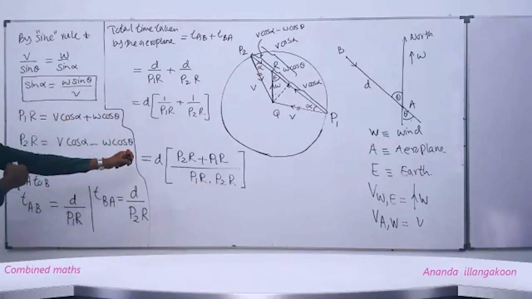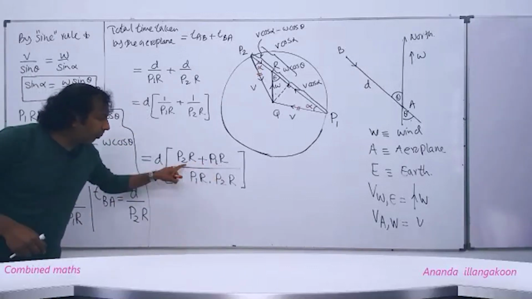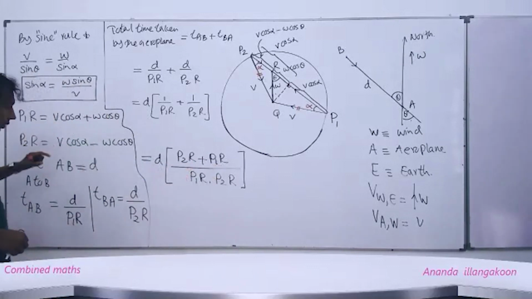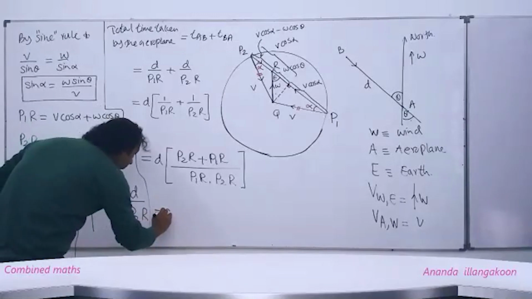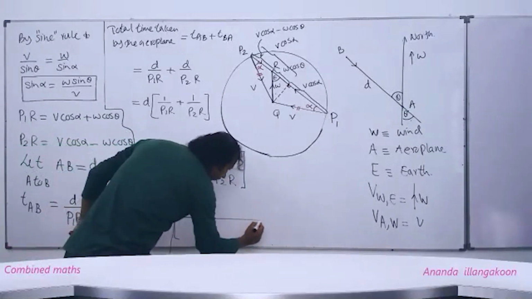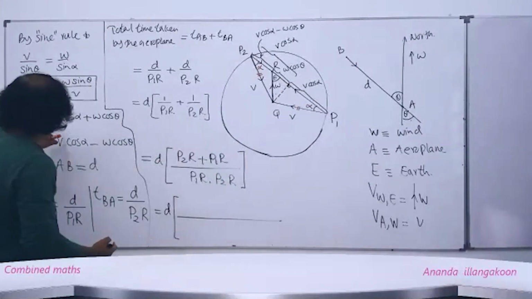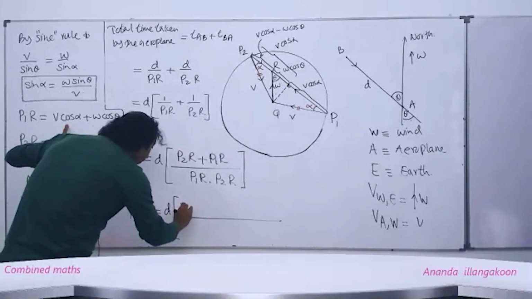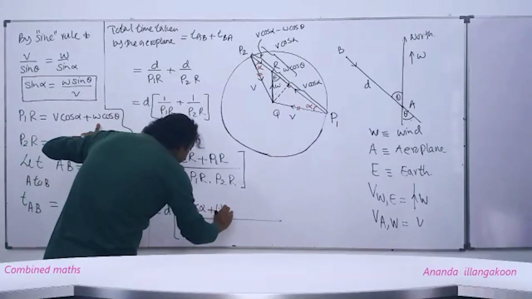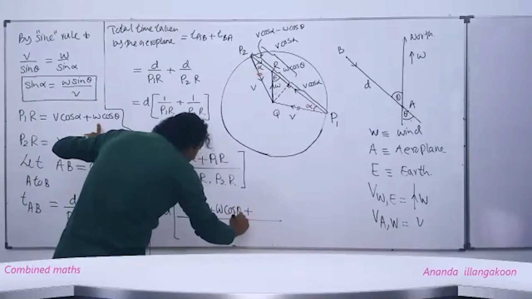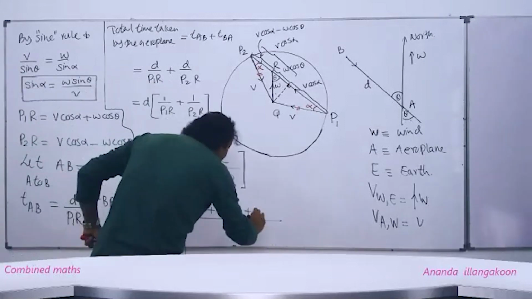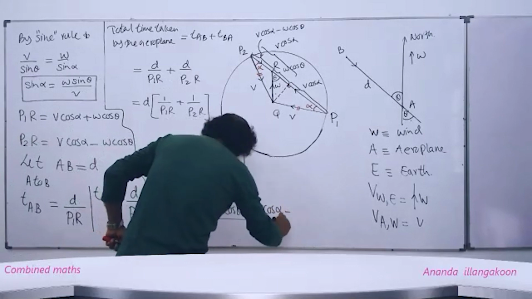Now substitute for this P1R and P2R. What is P1R? P1R is V cos alpha plus W cos theta. P2R is V cos alpha minus W cos theta.